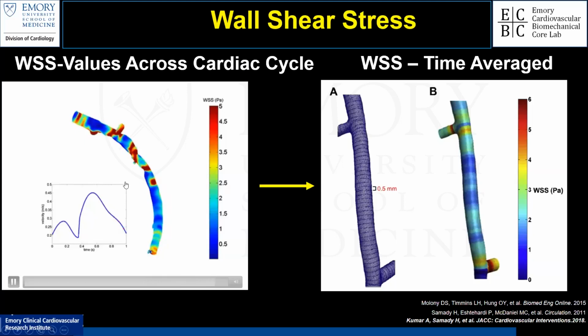And as you can see, we can then use CFD to compute shear stress over a full cycle. While we can compute shear stress at any time point of the cardiac cycle, we have observed that the maximal clinical value is derived by averaging the wall shear stress across a full cardiac cycle.